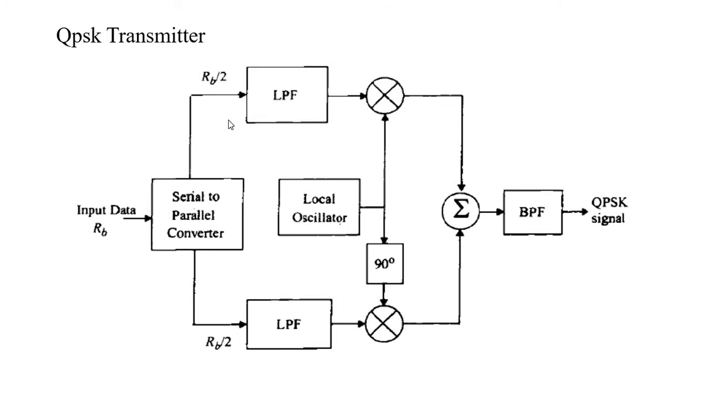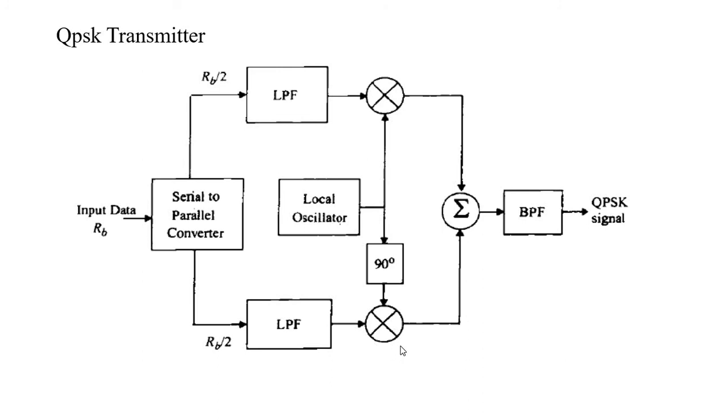One will go for the odd stream, one for the even stream, and from this we get m_I(t) and m_Q(t). The local oscillator is used to generate the carrier signal. The carrier signal will be phase shifted by 90 degrees, and this is given to the quadrature component.